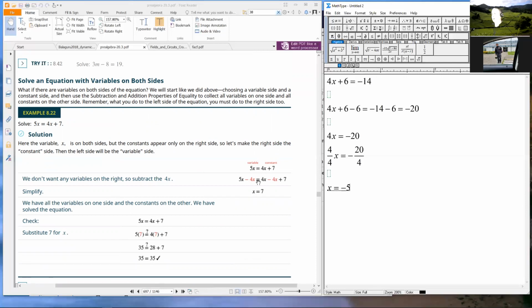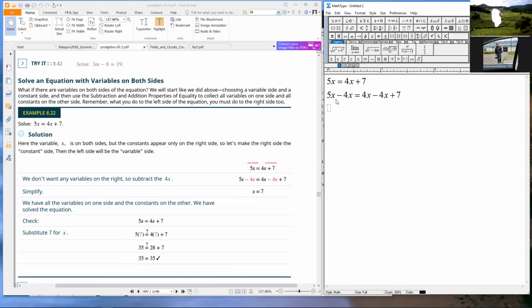You would say, okay, look at this example, 5x equals 4x plus 7. Just like in the book, you can move the x's away from the right-hand side of the equation by subtracting 4x from both sides of the equation.